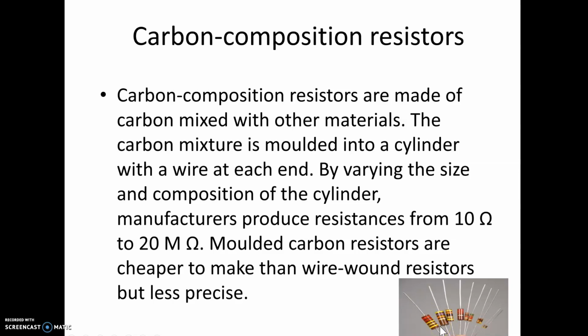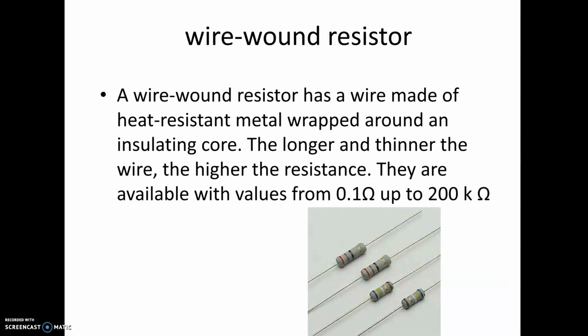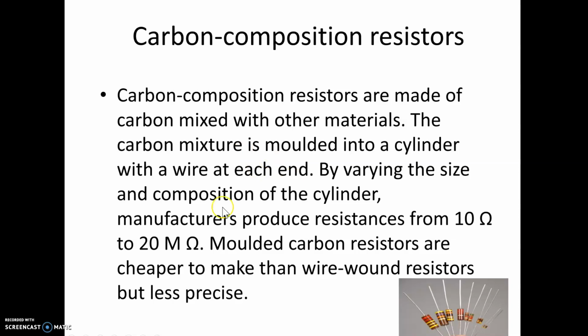By varying the size and composition, like you can see the variations in the diameters of these cylinders, they can produce varying resistances, from 10 ohm to 20 mega ohm. Molded carbon resistors are cheaper to make than wire wound resistors. For example, these are more expensive than these.